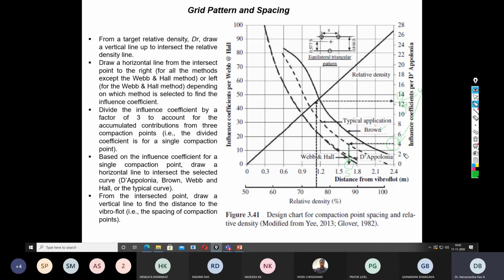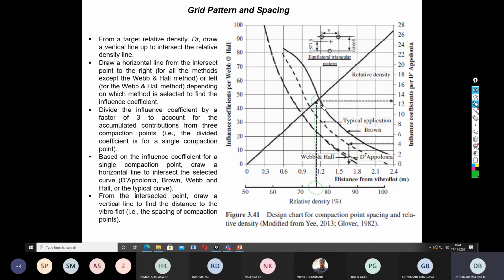So I will explain again, just to avoid the confusion. First, what you need to do is select the target relative density, say here in this case it is 75. Draw a vertical line from the relative density onto the relative density line, that is this diagonal line.